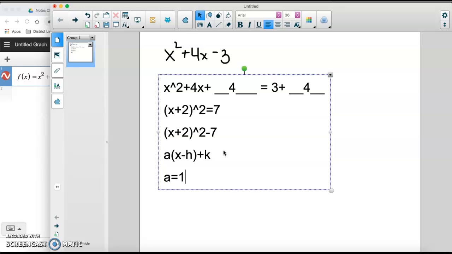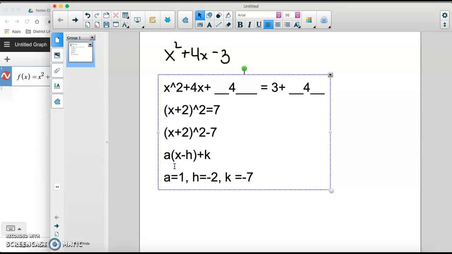Our a in this case is just 1 because we didn't have a number out in front in the first place. Our h is now going to be -2, and our k is now going to be -7.